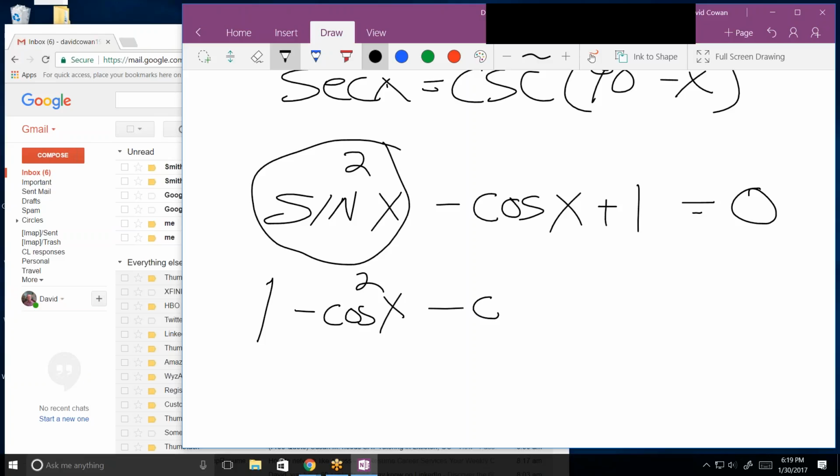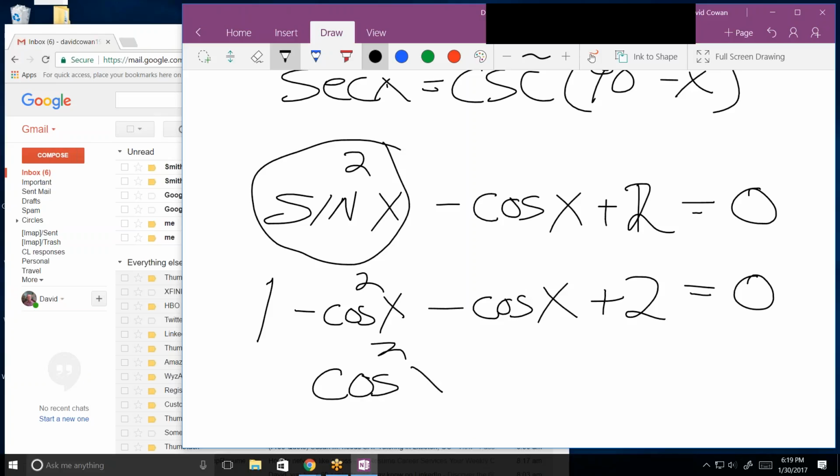And then if I complete the whole thing, let me make that a 2, and I simplify this, it becomes cosine squared of x plus cosine of x minus 2 equals 0. And so by using the trig identity, I've converted the entire equation to cosine.